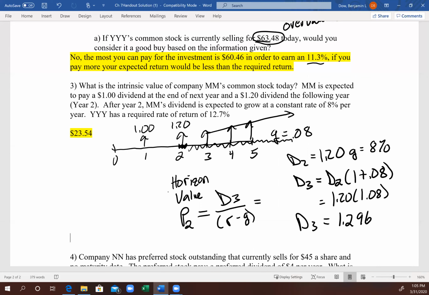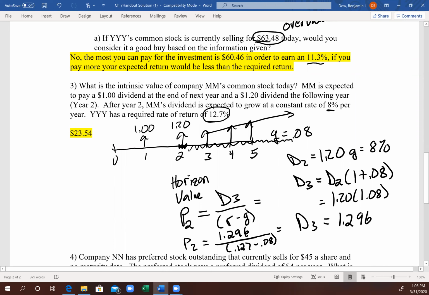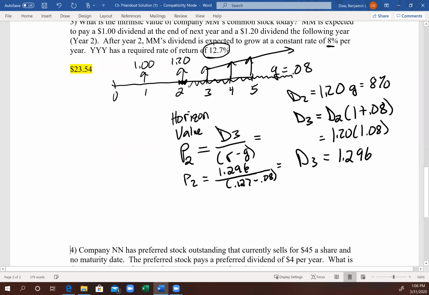Now we know R, we know g. R was given here, g is here. Therefore, P2 is equal to $1.296 divided by 0.127 minus 0.08. Might as well give myself more room because you're going to need it.